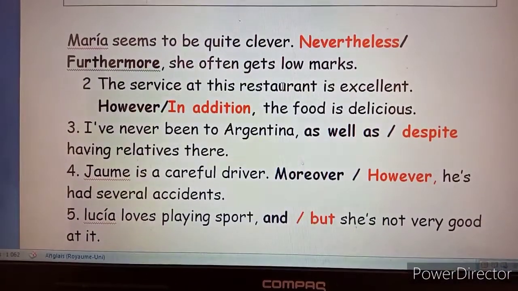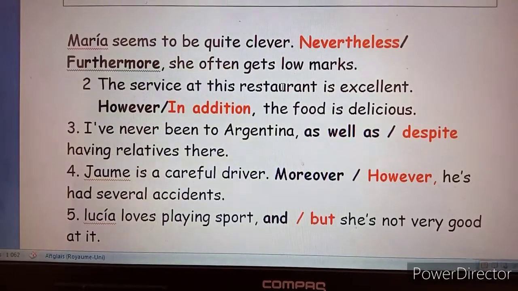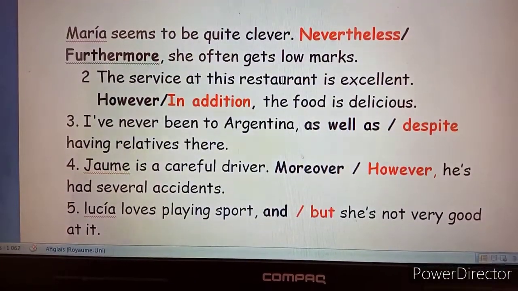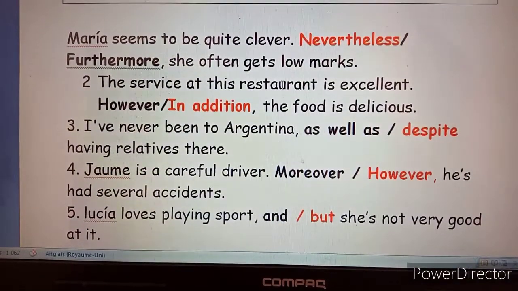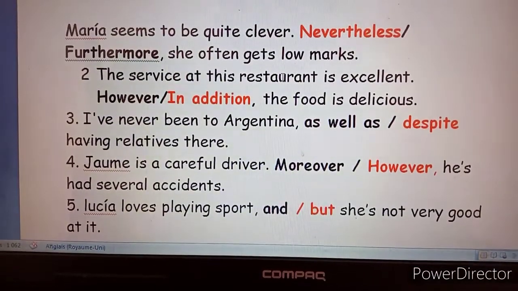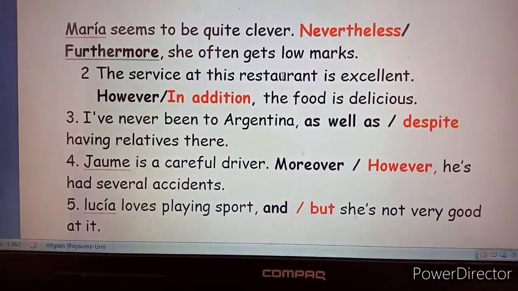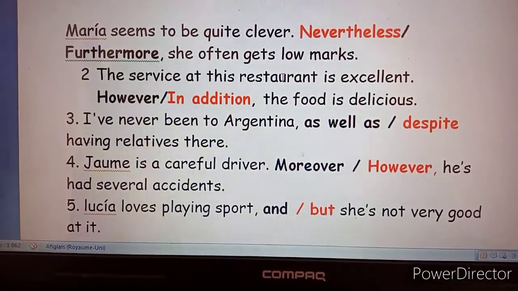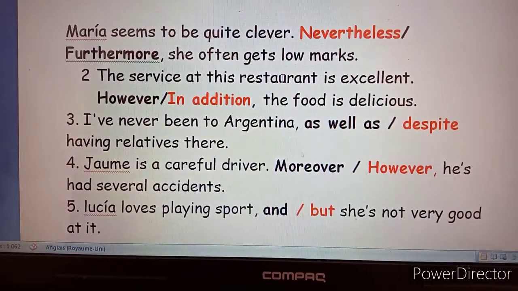Number 5: Lucia loves playing sports and, or, but she is not very good at it. So here, what are we going to choose? Do we have similar ideas or contrasting ideas? In this sentence we have contrasting ideas.